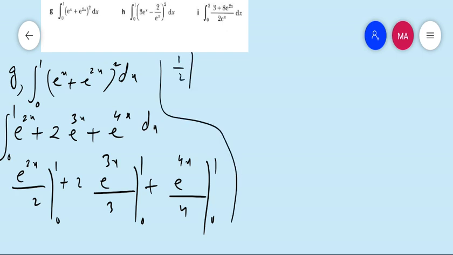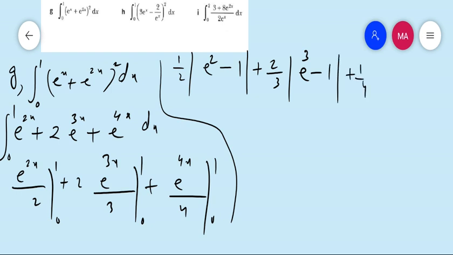So 1 upon 2 e^(2x), x is 1, so 2 ones are 2, minus e^(2 into 0), e^0 is 1, so I am writing directly, plus 2 upon 3 e^(3x), x is 1, 3, and 3 into 0, e^0 is 1, 1 upon 4 e^(4x) is e^4 minus obviously 1.